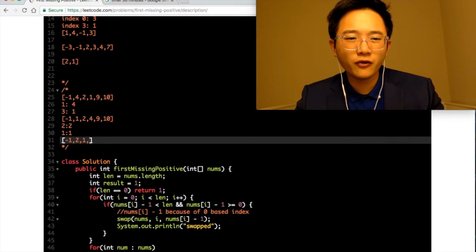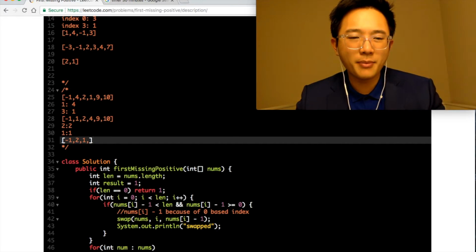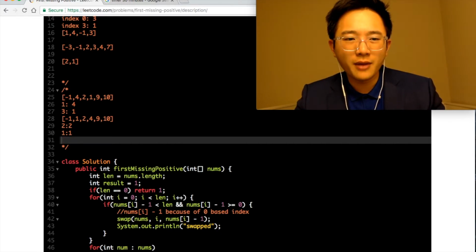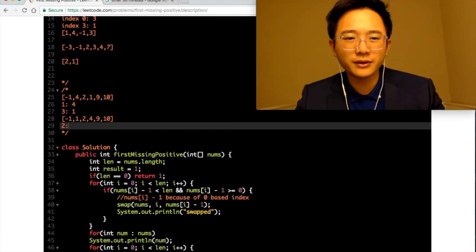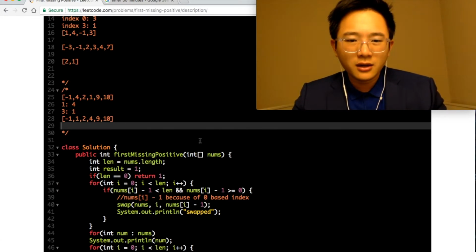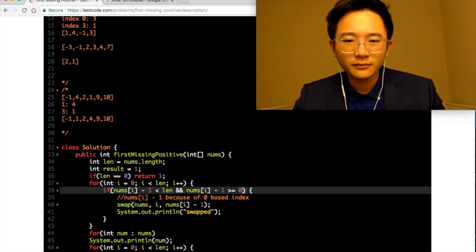You know what? We shouldn't swap the numbers that are already equal to whatever it is. And what will happen if we do this? Now I'm just guessing. I'm not even thinking.